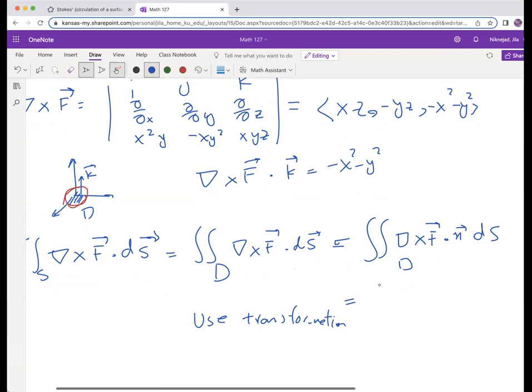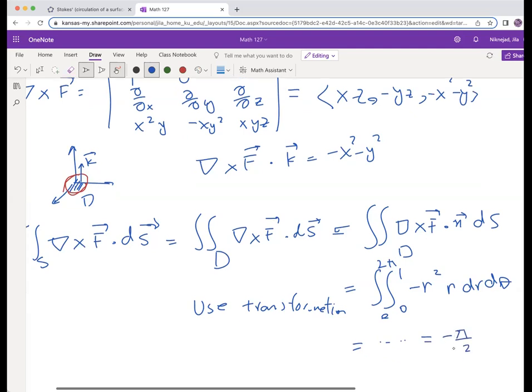If I change the coordinates, the function is minus x squared minus y squared, that's minus r squared, and then times r, that's the Jacobian, with dr going from 0 to 1 and d theta going from 0 to 2 pi. You compute this, and I'm skipping that part, and you end up with negative pi over 2.